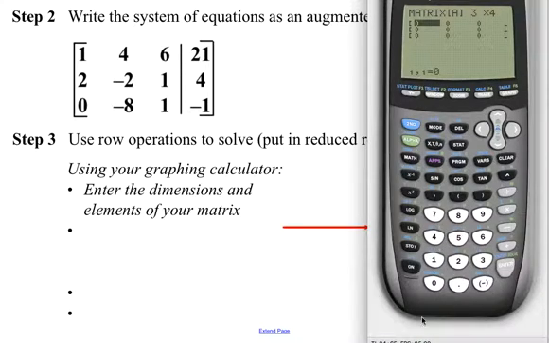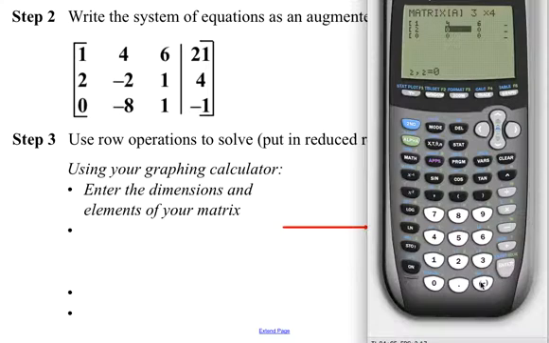And once you enter that, then it's going to ask you for each element in order. So right now you can see what's highlighted is row 1, column 1, and that element is 1, so you can enter a 1. And then we want row 1, column 2 is a 4, row 1, column 3 is 6, row 1, column 4 is 21, and then just continue on. Then we want a 2.